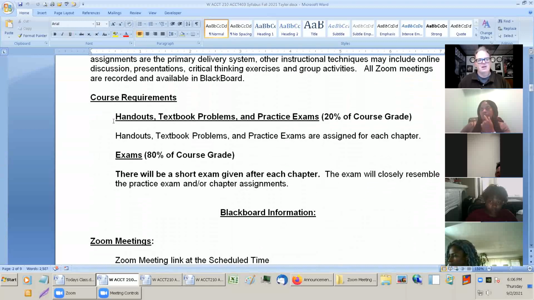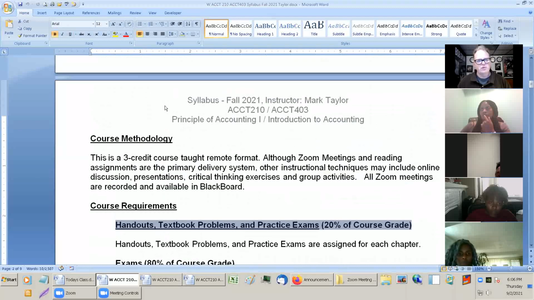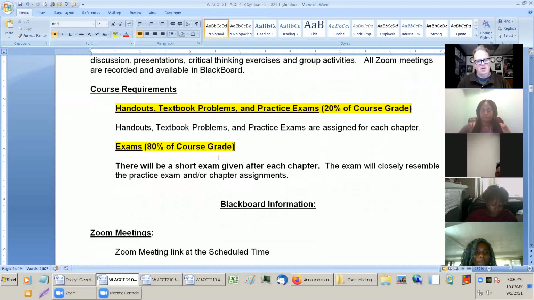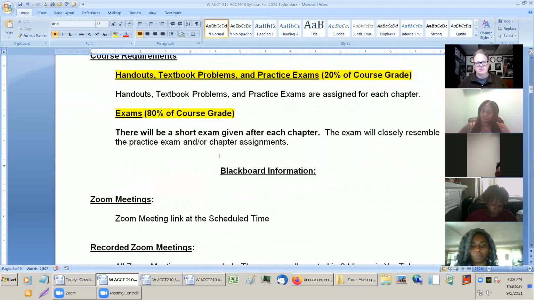Okay, so here's how the class is basically graded. If you go to page 2, near the top of page 2, handouts, textbook problems, and practice exams are 20% of the grade.